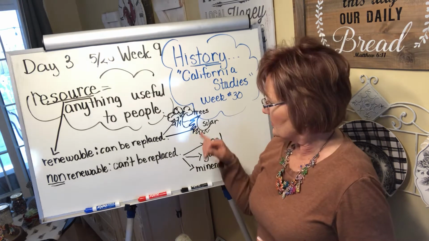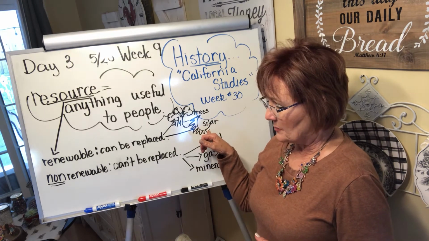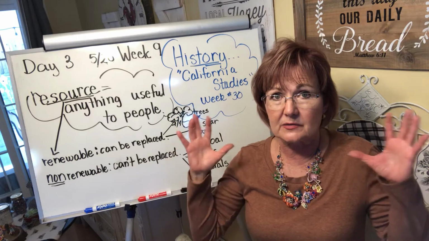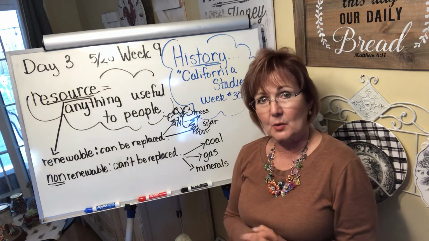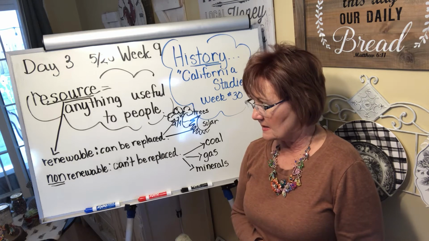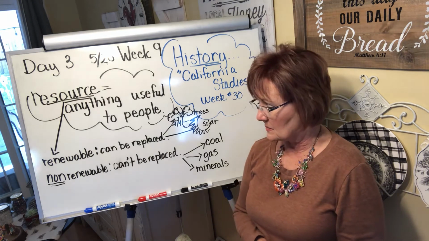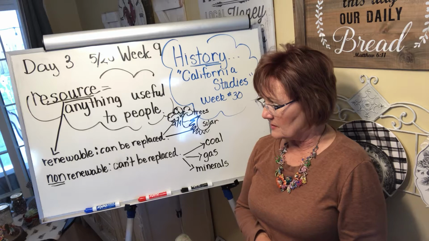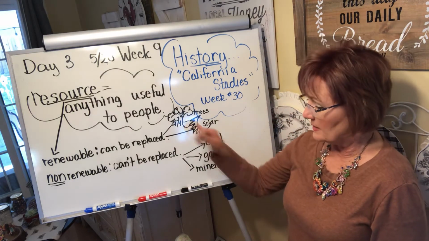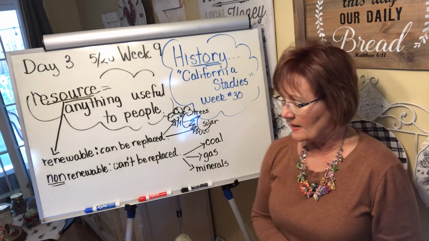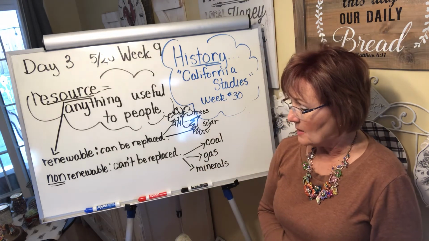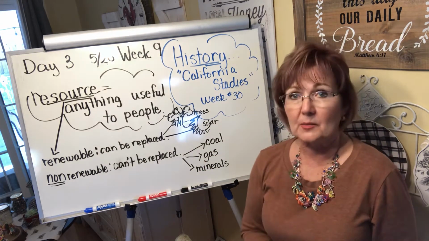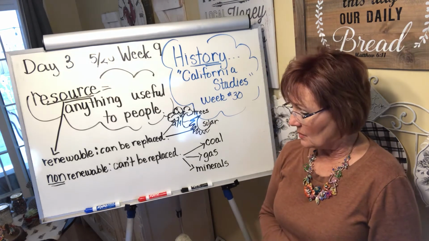The cost to use solar power is the price of the panels, what it costs for you to have those made and installed. But the benefit, the good part, is it's clean energy. It's not going to cause pollution. The cost of using timber or wood, trees, is that animals might lose their habitat. But the benefit is things that are made out of wood are of good quality.